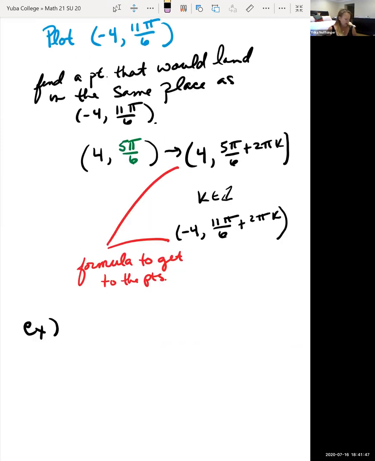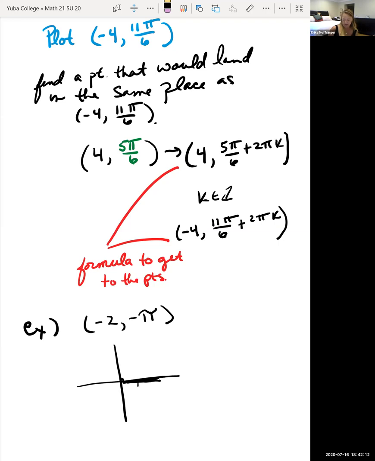So it just says plot each point given the polar coordinates. If you're given -2, -pi, I would start here, just like we would do with our standard initial side. I would go -pi, which is the opposite direction.